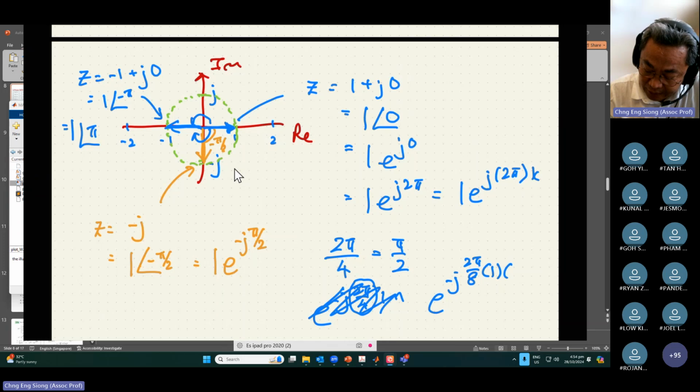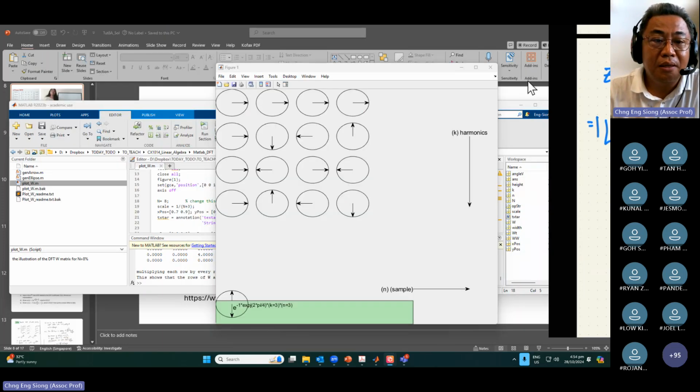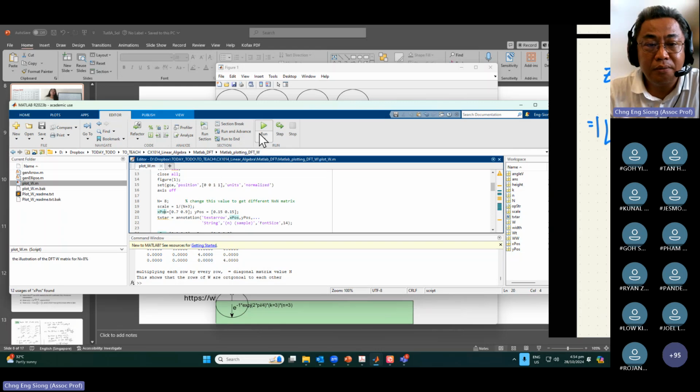K is 1, n equals 0 to n minus 1. Then you'll realize that I'm moving by pi over 4. How big is pi over 4? It's 45 degrees. Now let's see the first row as I change n equals 8.